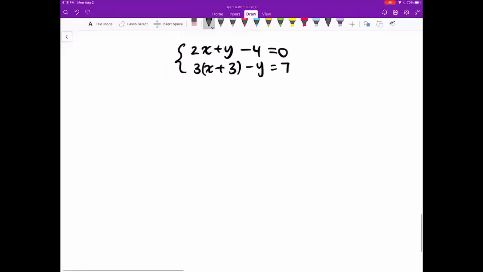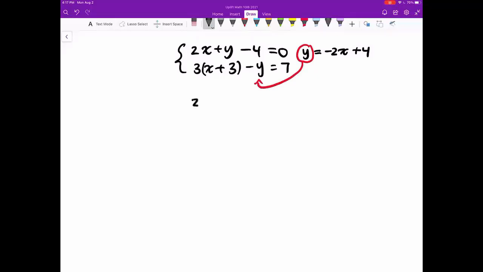Yeah, sure. So here it's easier to isolate the y in the first equation because there's less stuff going on. So we isolate that and we get y equals negative 2x plus 4. Then we substitute it into the second equation.